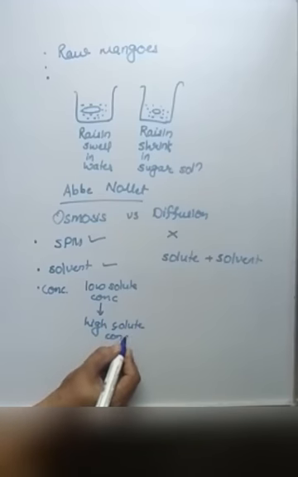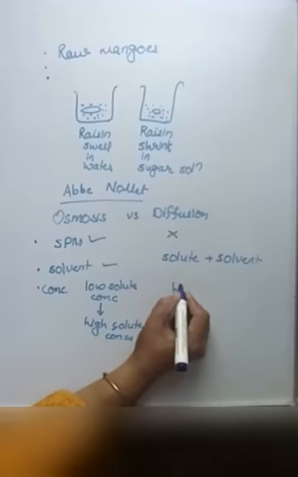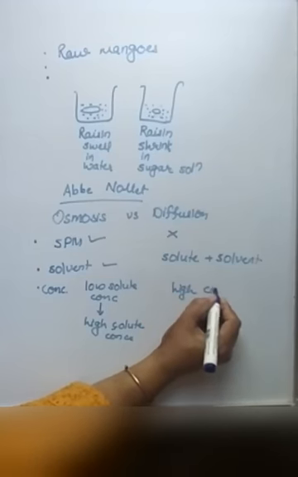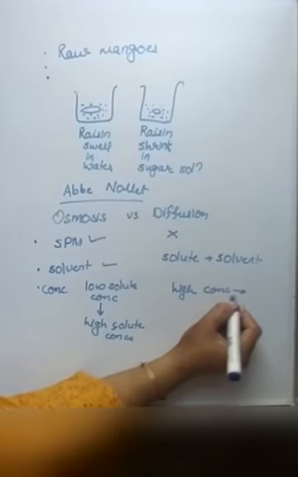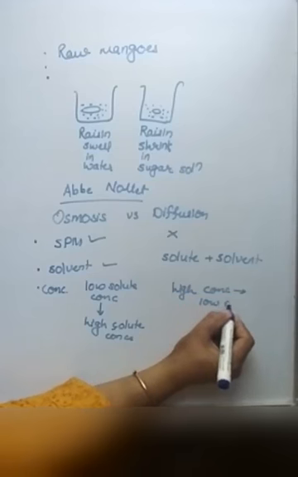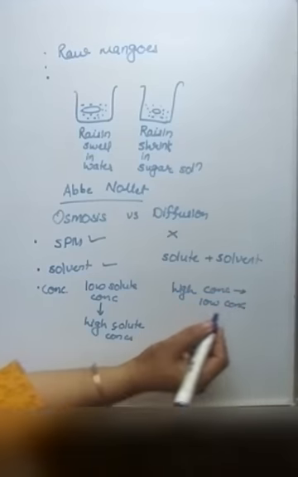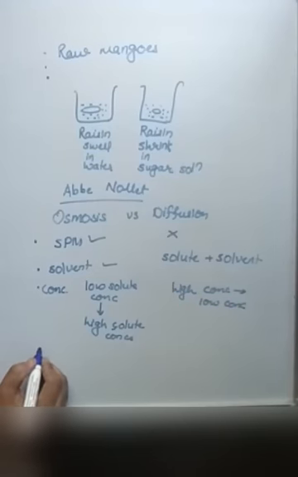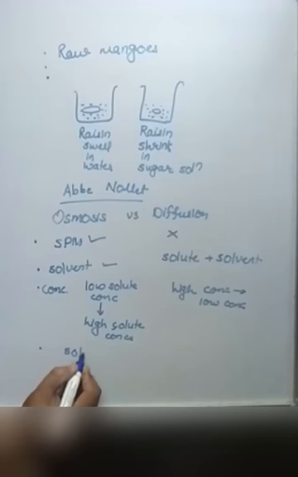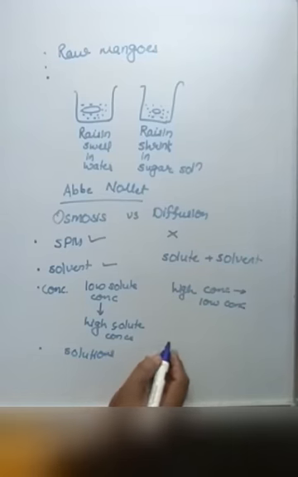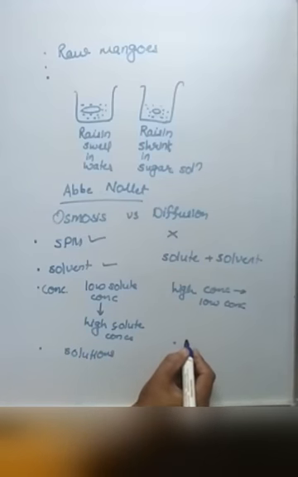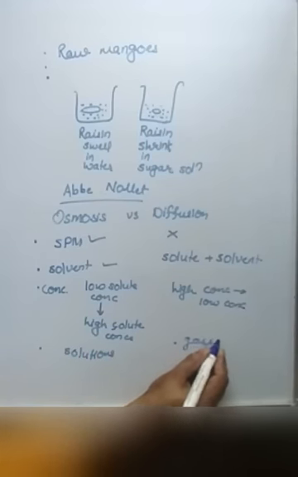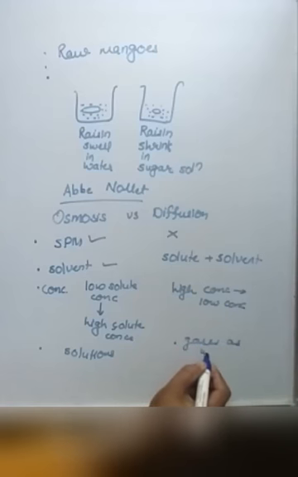But in case of diffusion, it is from high concentration to low concentration. We see osmosis occurs only in solutions, whereas diffusion occurs in gases as well as liquids.